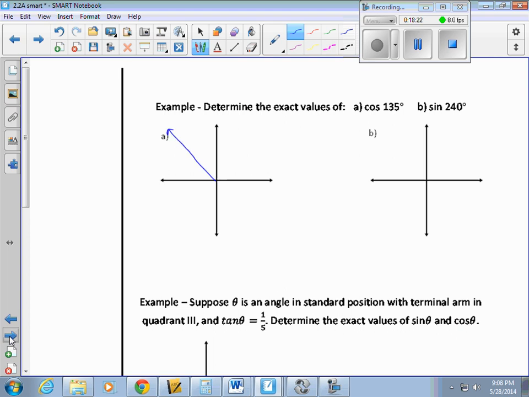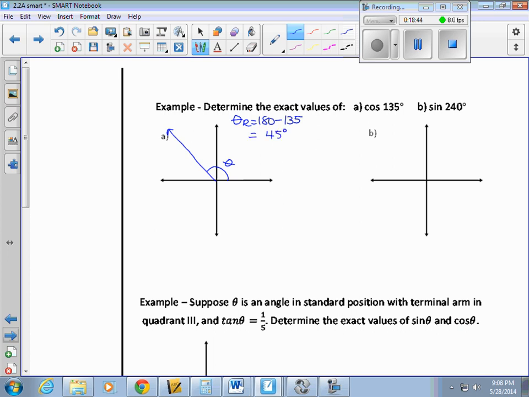So this is theta. I'm in quadrant 2. So in quadrant 2, if I want to find my reference angle, it's going to be 180 degrees minus theta, so 180 degrees minus 135.